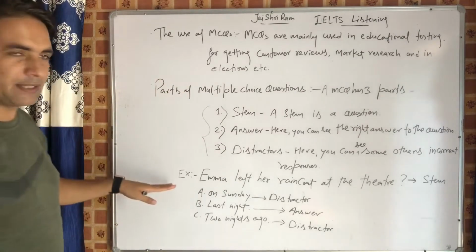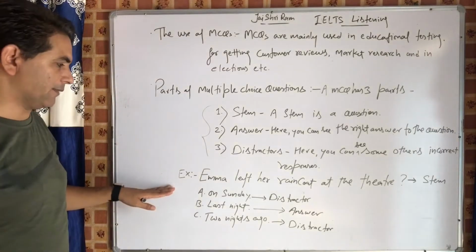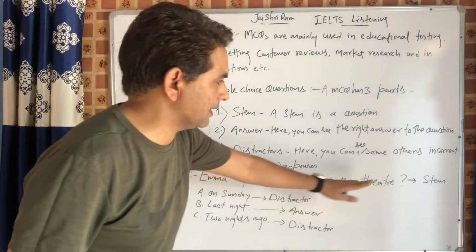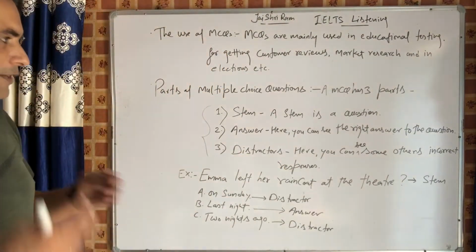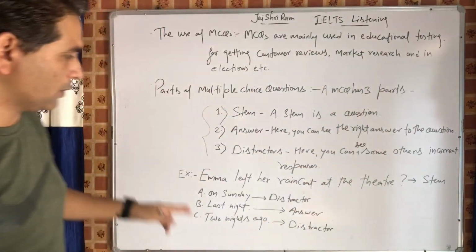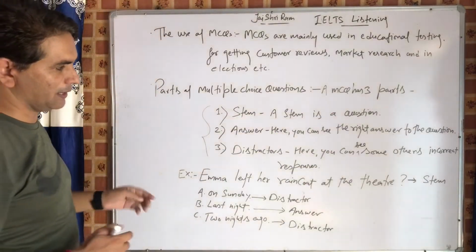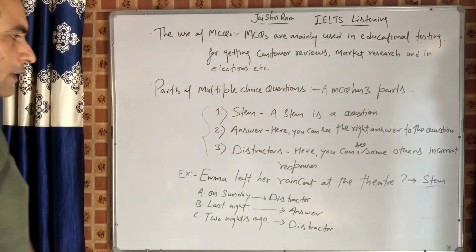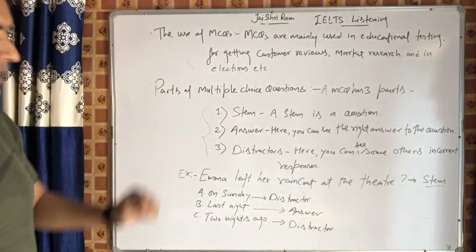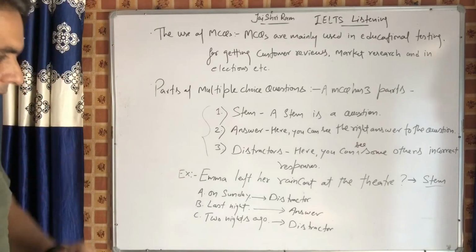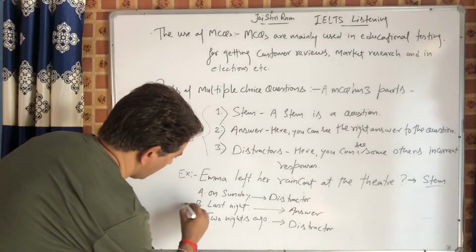And we have one example here so you will understand in a better way. See, Emma left her raincoat at the theatre. As we have discussed already, a stem is a question. So it's our question and you can see here the stem. Next one is the answer. Here you can see the right answer. So for this question the right answer is last night.